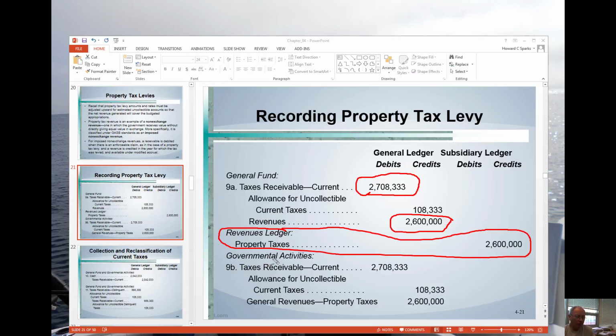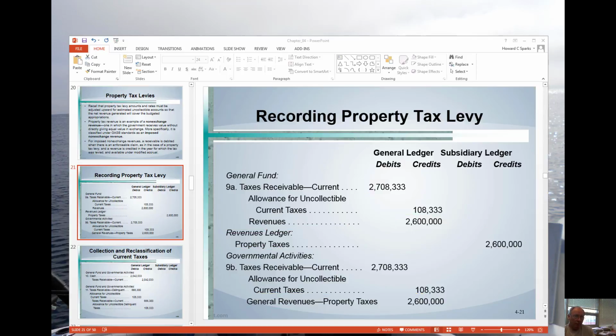Down here in government activities, it's exactly the same, except for one difference. There are two types of revenues, general and program, and so here's general revenues, and for others we'll have the program type on there. So it'll be general government or public safety, and it'll say capital grant, operating grant, and so forth. Okay, so let's press on.